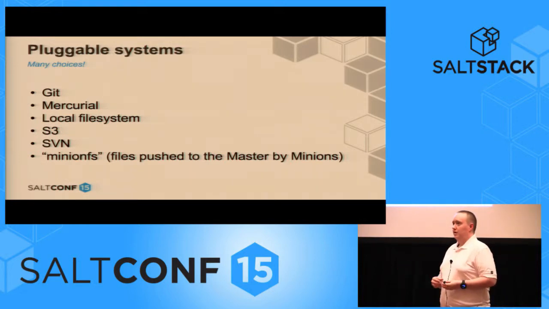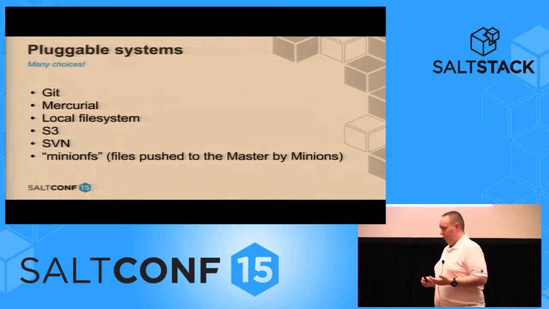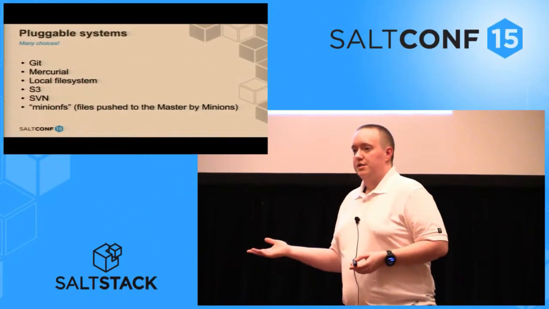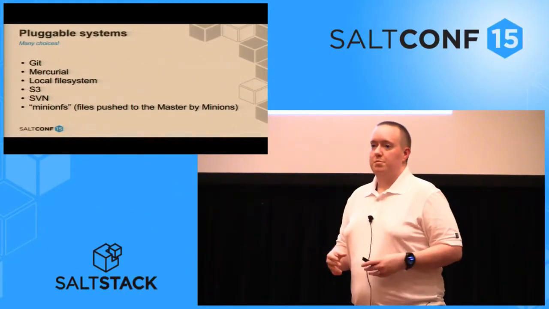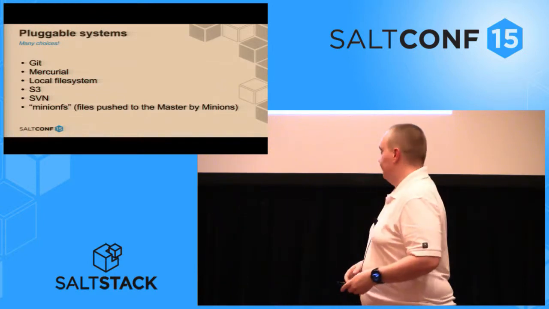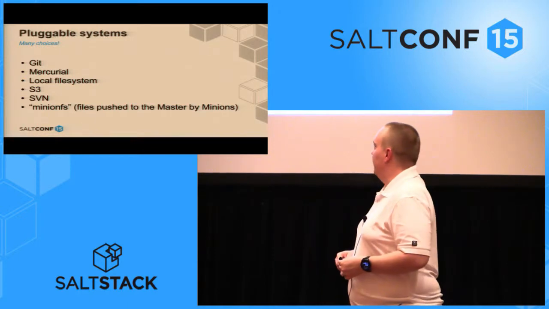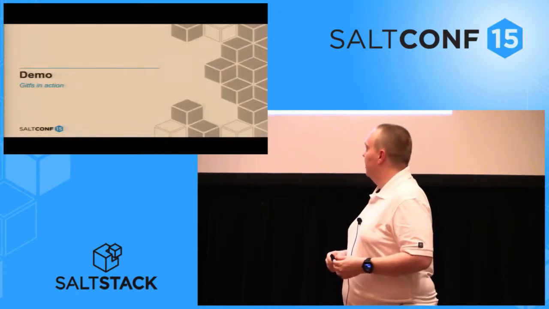Now we originally envisioned that as just a way for minions to push files up to the master so they could be retrieved later. But it turned out to be pretty easy to turn that into a backend, and what that allows you to do then is push files from one minion, and suddenly they become servable to your entire infrastructure. So I'll demo MinionFS a little bit as well later on.